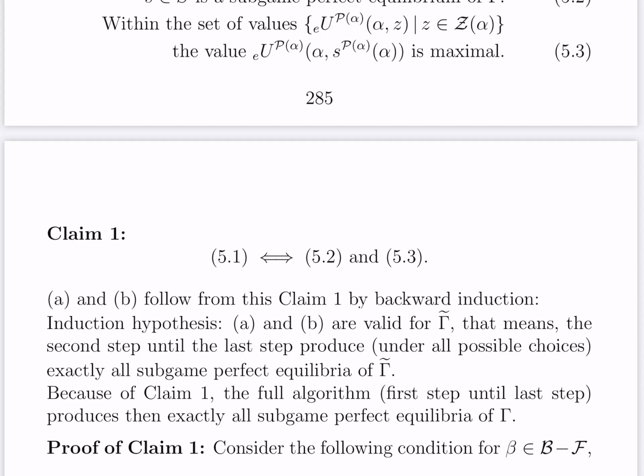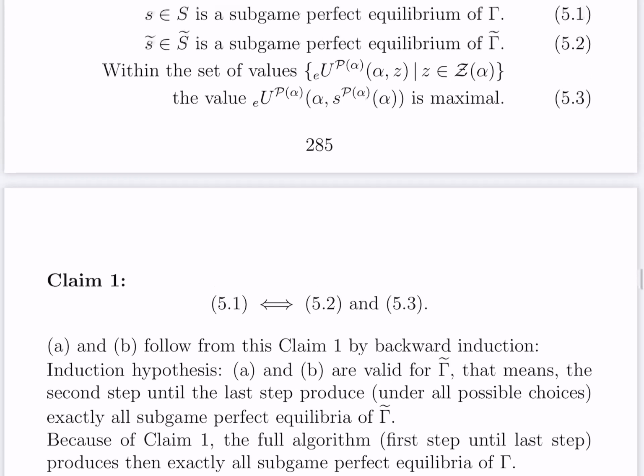And the first step of backward induction, of course, gives us a move Z after alpha, which is optimal for the player P of alpha. So this is property 5.3, and the property of S tilde was property 5.2. And because they imply 5.1, that means that the resulting strategy combination from the full backward induction satisfies 5.1.